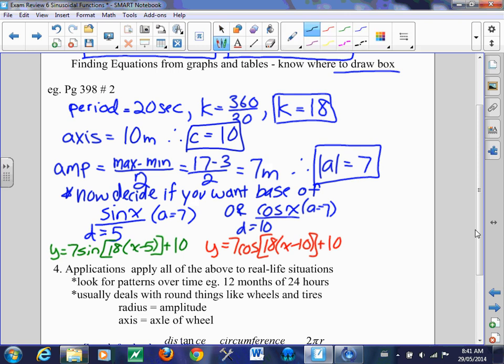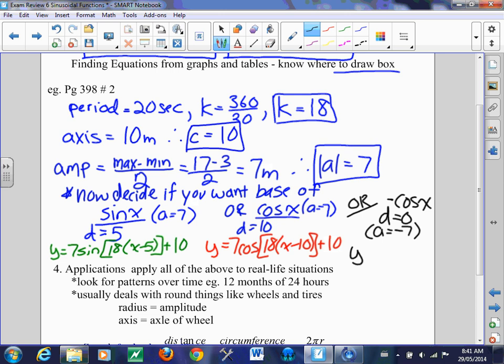I have one more example that you may have liked or recognized. Instead of using just cos x, let's make it negative cos x, which means we start at our minimum and go to a maximum. And that's where d equals 0. So you may have even chosen this one, which is okay. And if you're going to do that, don't forget that a is now going to equal negative 7 because we're doing negative cos x.